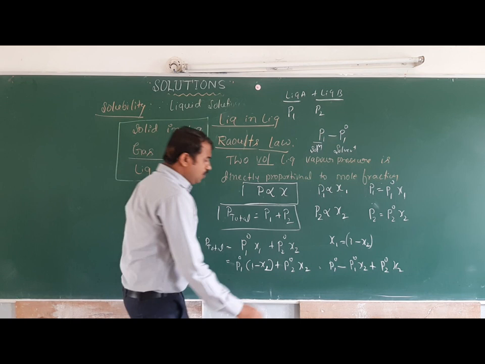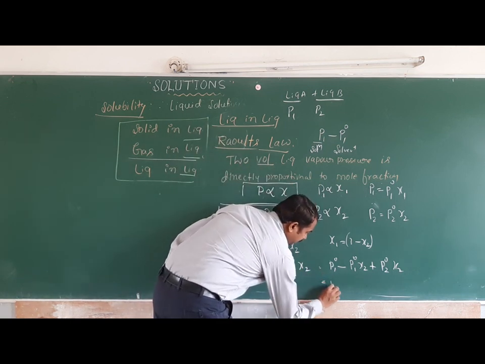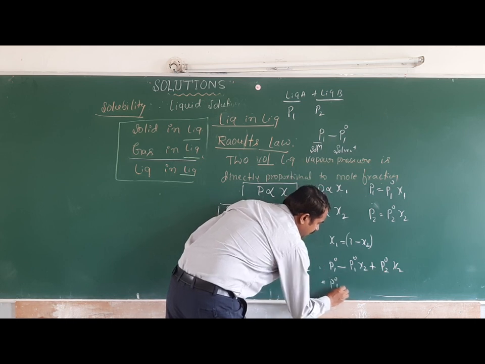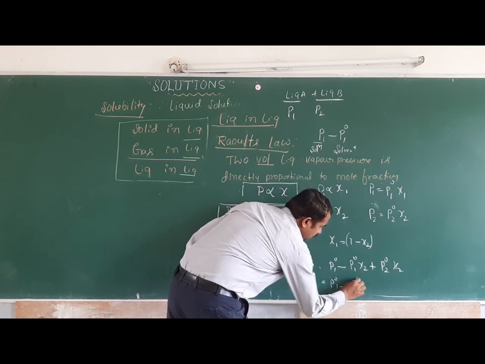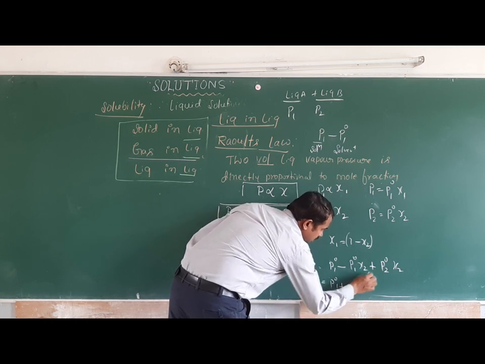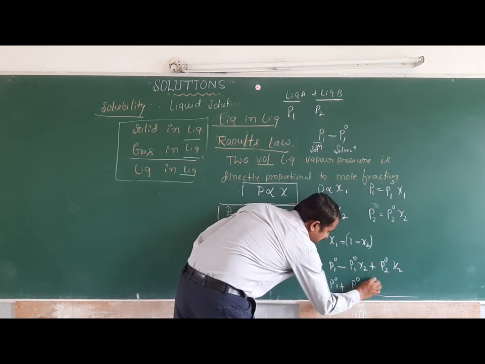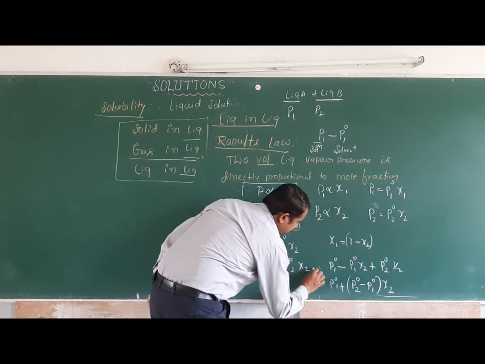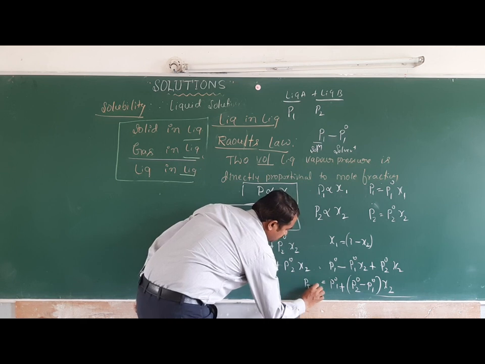I will take the constant P01 out, minus P01 plus P02 into X2. This is the P total.